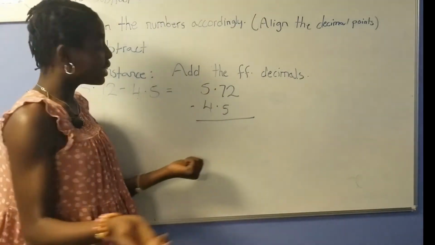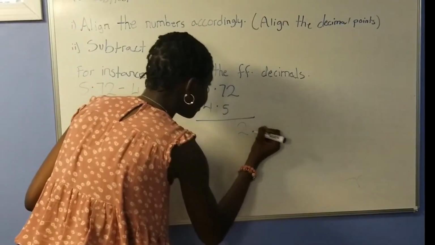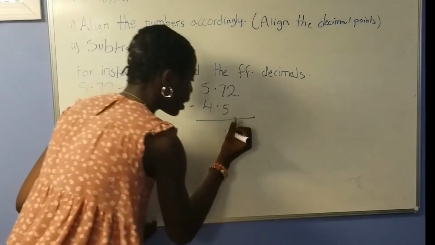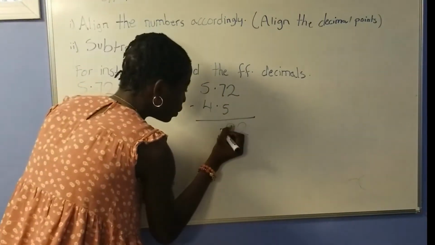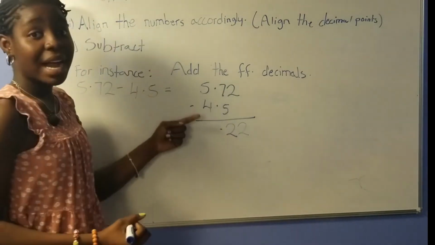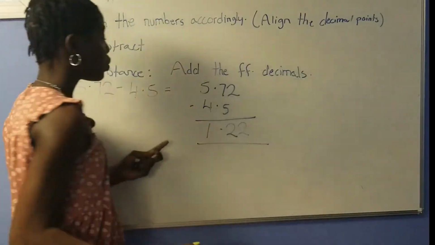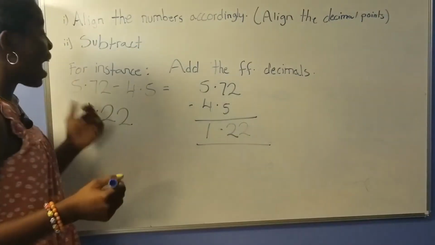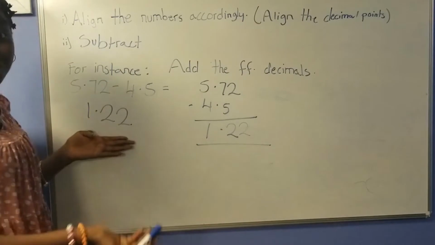Now let's subtract. 2 minus nothing equals 2. 7 minus 5 equals 2. Bring your decimal point down. 5 minus 4 equals 1. Which means when you subtract 4.5 from 5.72, you have 1.22.